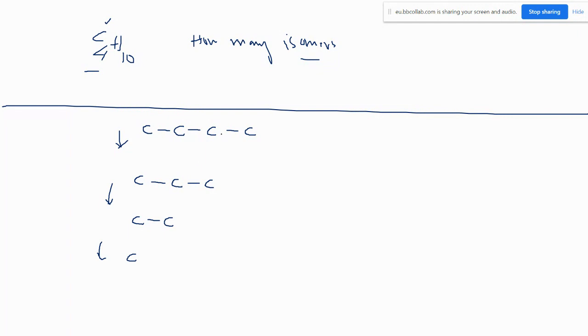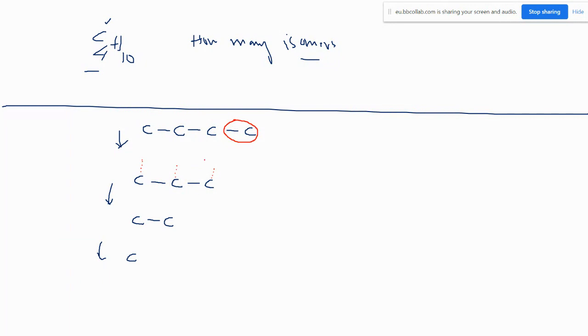In this structure, I write 4 like this. When I write 3, it means I remove 1 carbon; I have to make 4 carbons here, and then I will make a branch either here, or here, or here. Up or down, it doesn't matter.